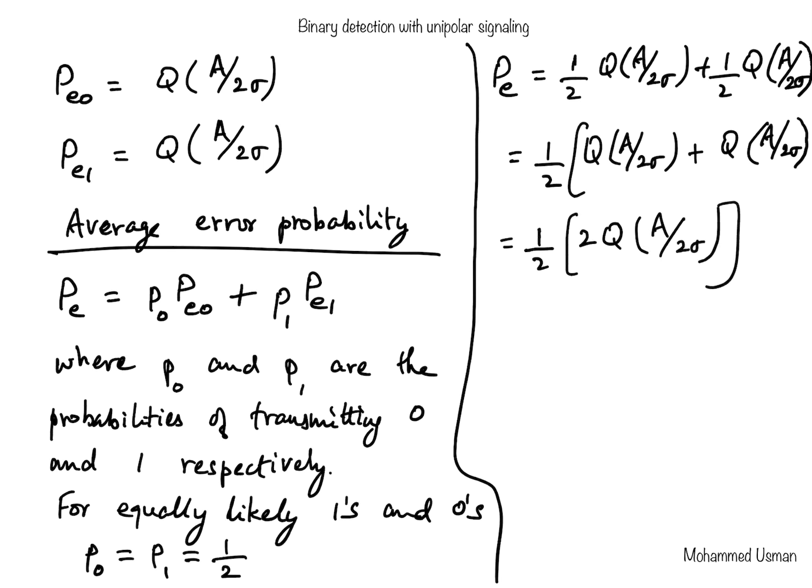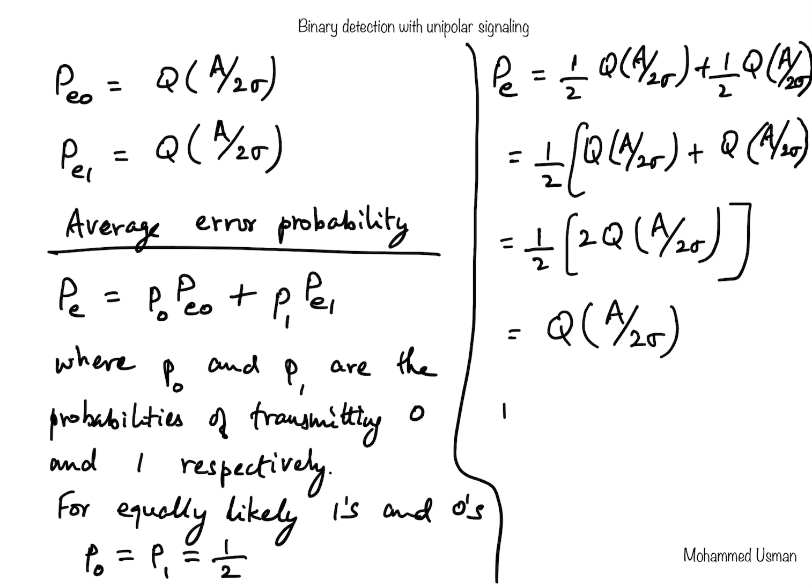And by the way, this Q function is nothing but the area under the Gaussian PDF tail, right? So an area plus another area of the same value is going to be 2 times that area. So the half into 2 is 1. So we end up getting the average probability of error is Q of A by 2 sigma.